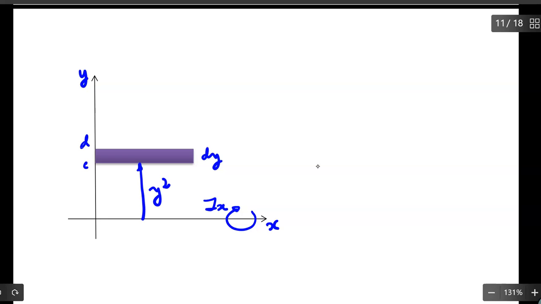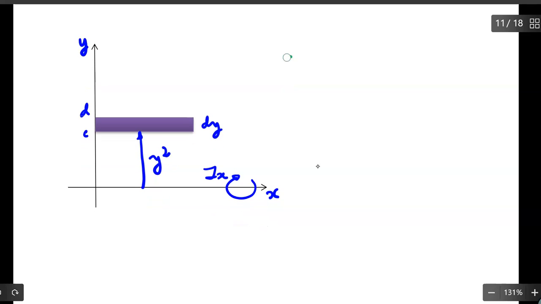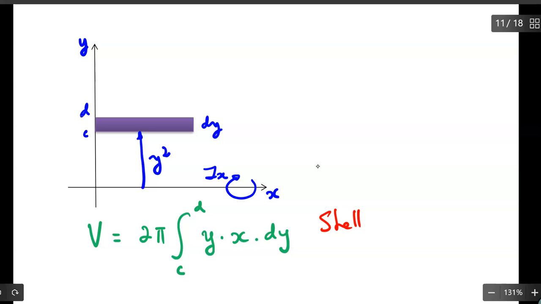That means the volume in this case will be equal to 2 pi, from c to d, of y times x times dy, because everything needs to be in terms of y. So this one is the shell method.